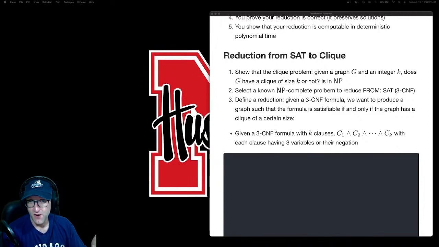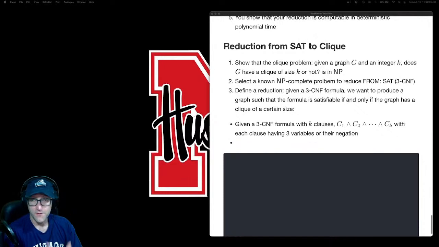If it had 10 clauses, then k is equal to 10. If it has 3 clauses, then k is equal to 3. With each clause having 3 variables or their negations. You can have exactly 3 variables by simply introducing dummy variables into the equation that can then be thrown out in the final evaluation of it.